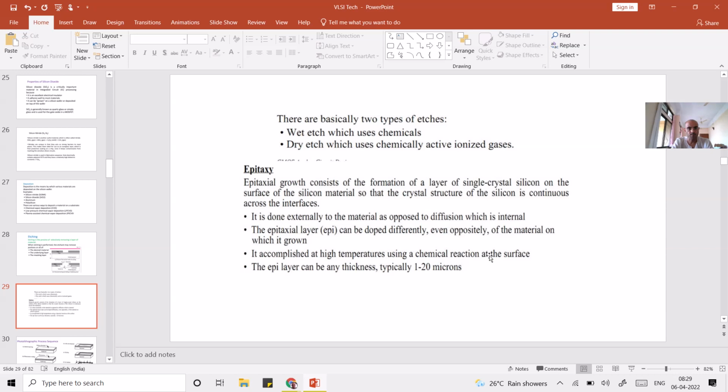Then sometimes you have to grow the epitaxy layer also. This epitaxy layer is prominently used in BJTs, but nowadays in modern MOSFETs also this epitaxy is required, to overcome certain problems which we will study later on.